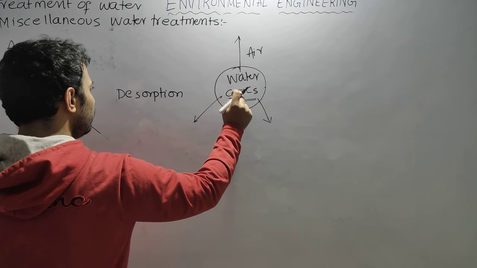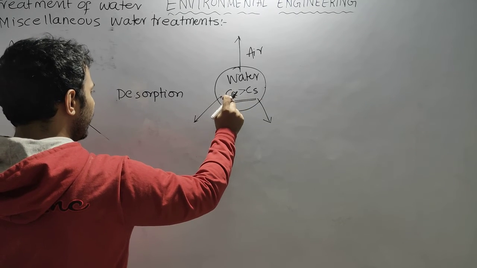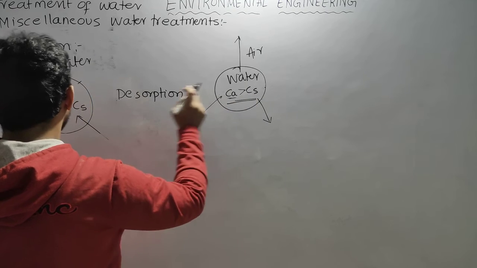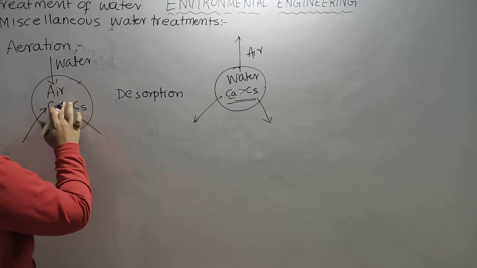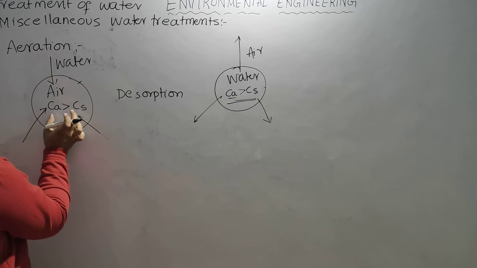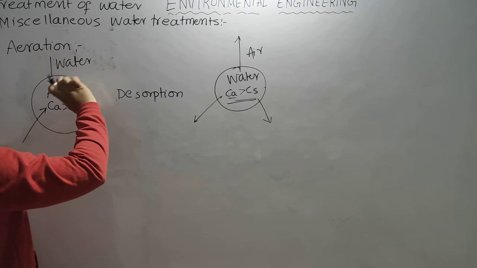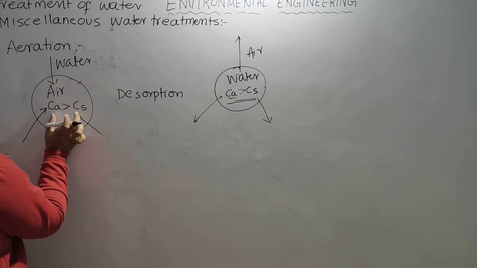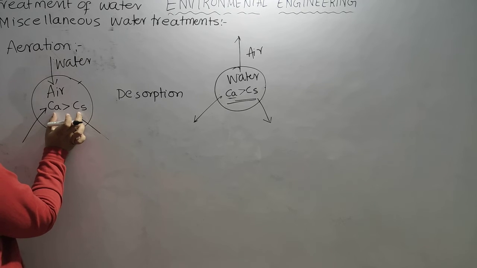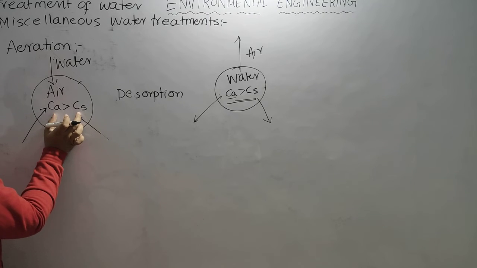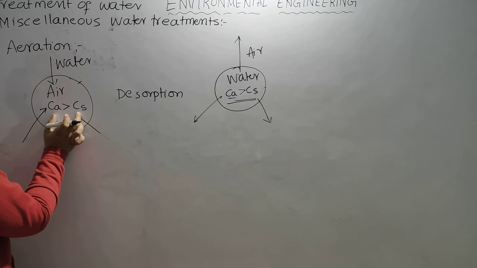So here also it will be actual greater than saturation, and here also. Everywhere, water and air interchange, but this concentration should be kept for the water only. Are you getting my point?